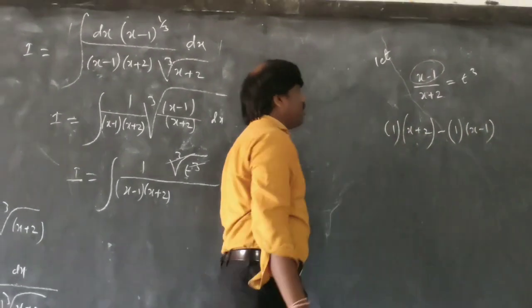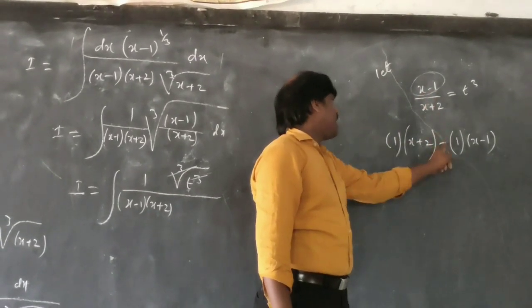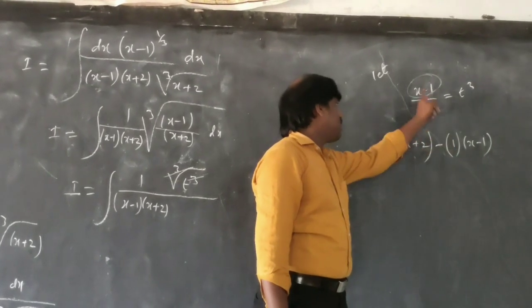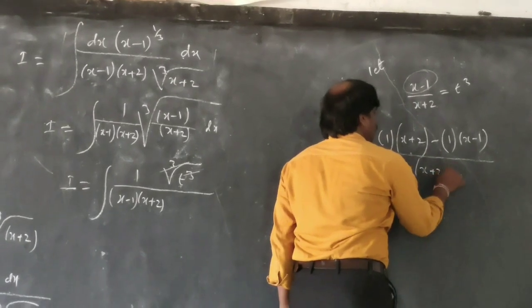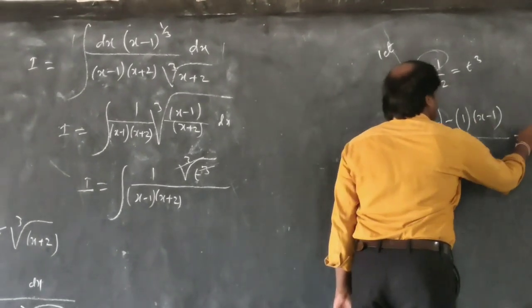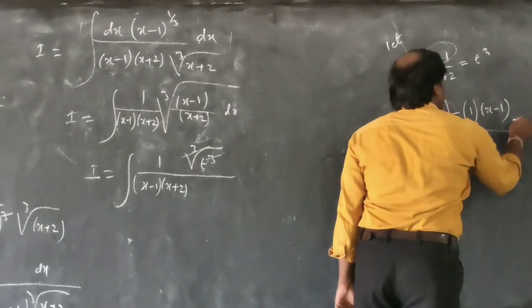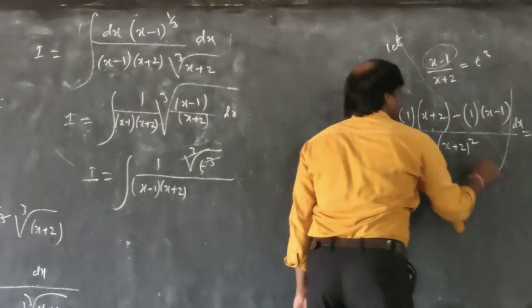Hope you understand the top. That is 1 into v minus 1 into u upon v square, that is (x plus 2) whole square, equal to 3t square dt, and this whole thing is dx.